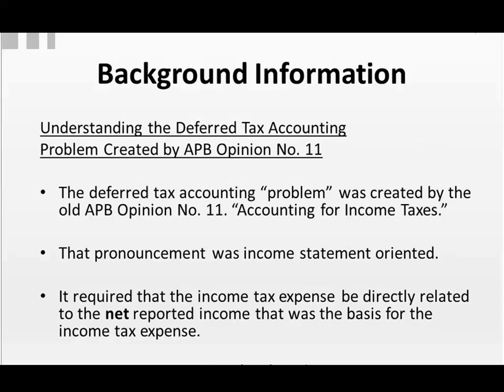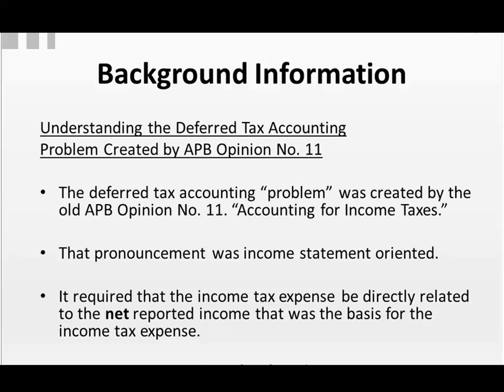All right, if you go right to your slide, I guess it's slide number 4. A little history here. We had a problem many, many years ago, and the problem was created by the accounting literature, by APB opinion number 11, which is accounting for income taxes. And that particular pronouncement was income statement oriented.